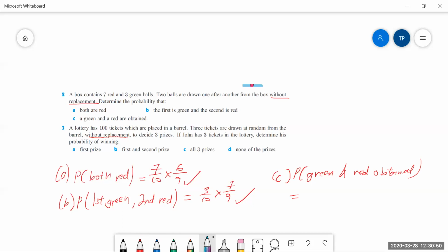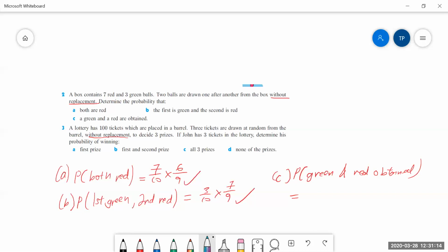Very good. So one part of the answer you already found is part of the answer for part B, which is 7/30, the probability for the first ball green then second ball red. So you need to find the probability for the first ball red then the second ball green. Fantastic.